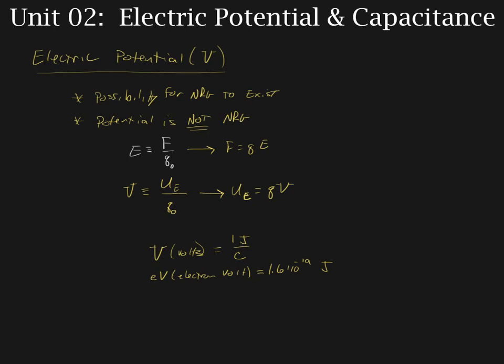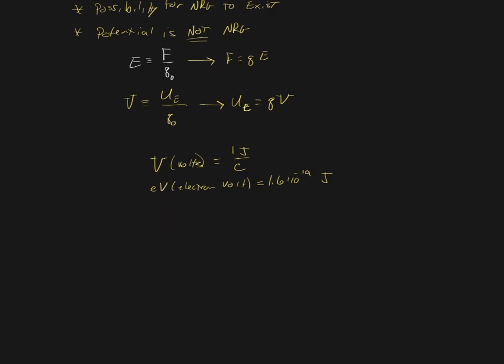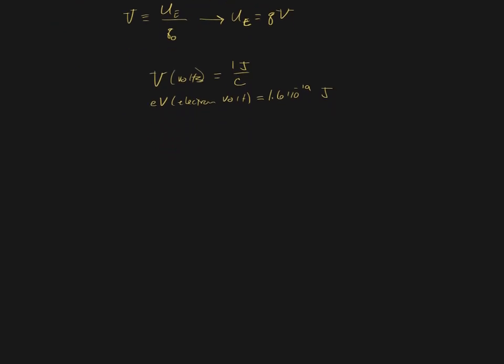So now that we have a definition for potential, let's take a look at the electric potential for a point charge. We know that the potential is defined by U over q naught. And with point charges, we know that the potential energy is going to be kQq over r.